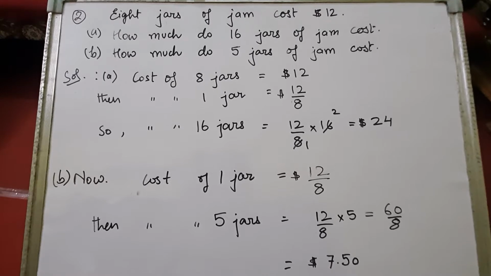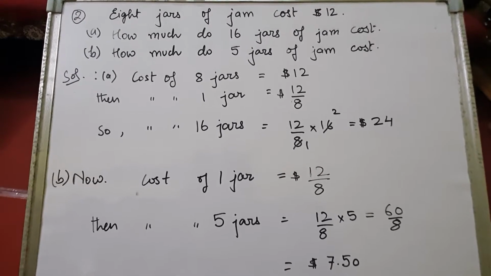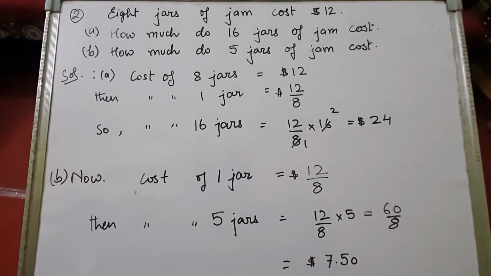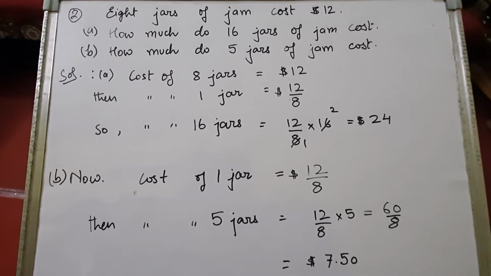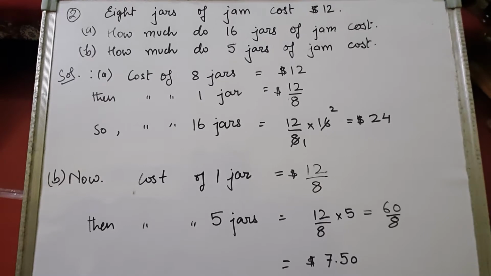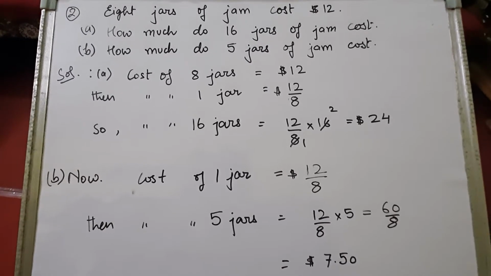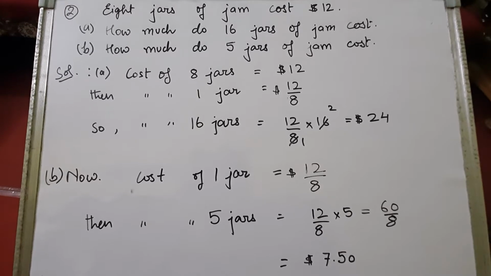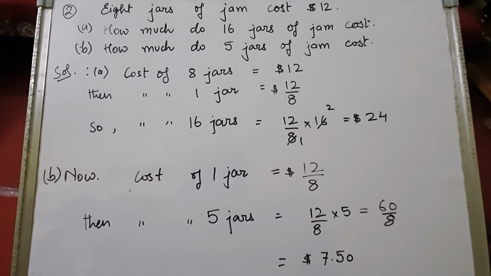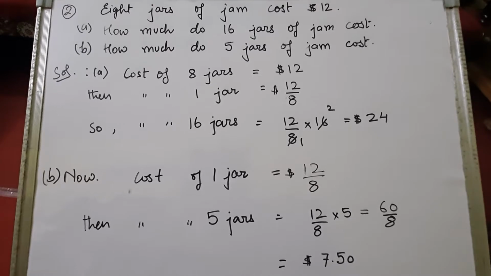If 8 jars of jam cost $12, then how much do 16 jars of jam cost? So that means the cost of 8 jars is $12, then cost of 1 jar will be less, right? So it will be $12 upon 8. Now I'm not solving it here, right? We'll solve afterwards.